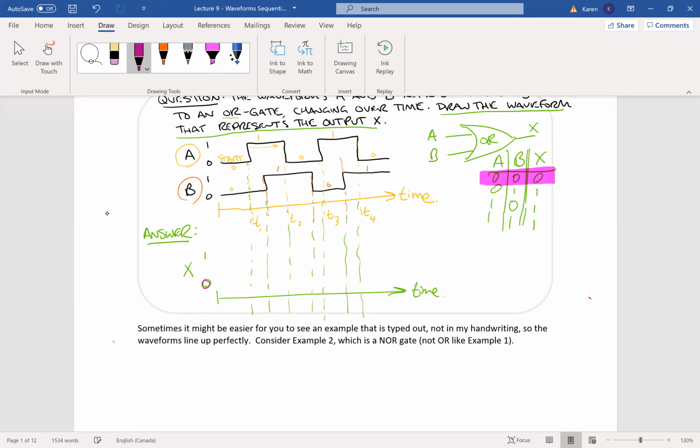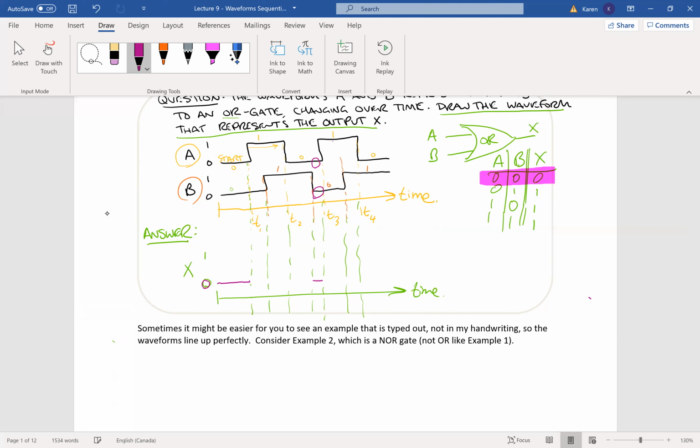So this started at 0, but then I got a 1 and a 1. In here, B is 1. Where have I got 0 and 0 again? Oh, look at that. I'm 0 here and I'm 0 here. So in this little space, it's 0.